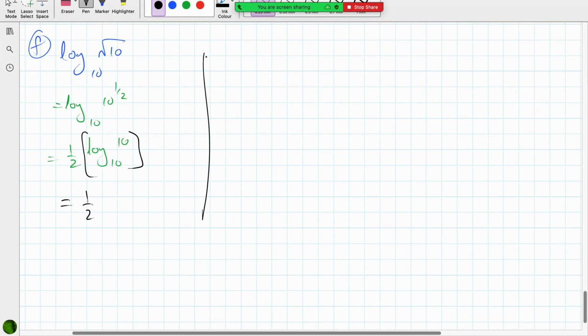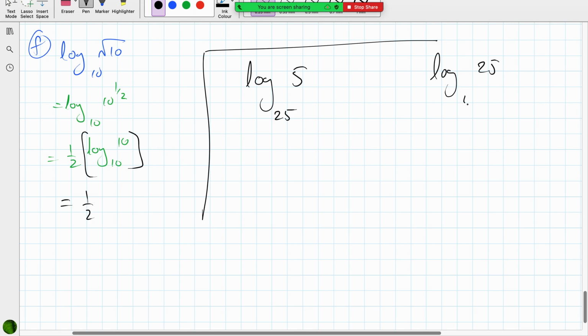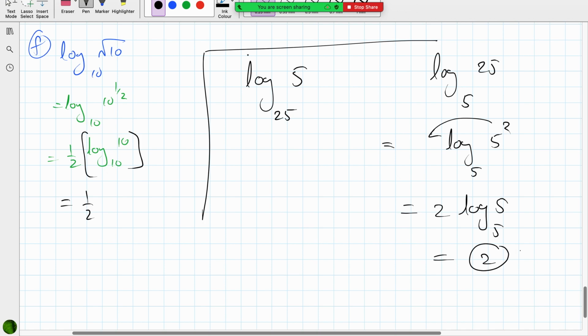Now there's one more property. For example, you have log 5 to base 25. We just did log 25 to base 5, which was log 5 square to base 5, and bringing this 2 outside made it log 5 to base 5, and the answer final was 2.